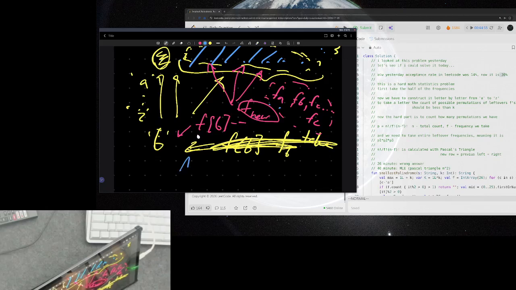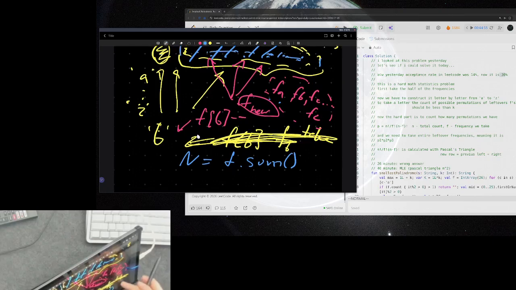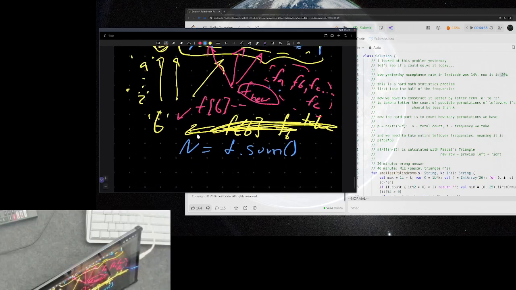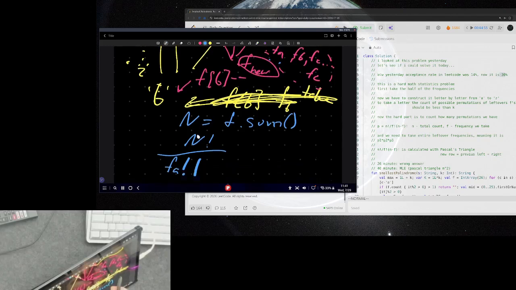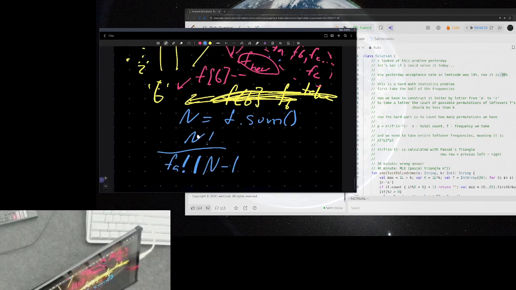So initially we have n as the sum of f, so total what's left in all the positions we have, basically this entire length of what we have. And then we take first a, so the number of permutations is n factorial divided by fa factorial, and this is what we take, n minus fa.